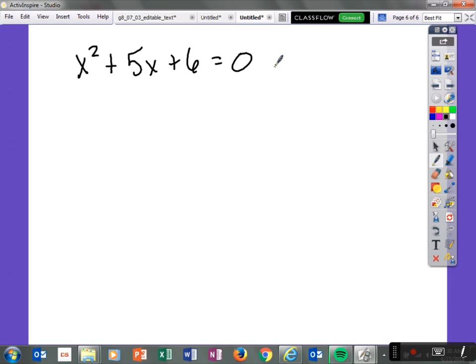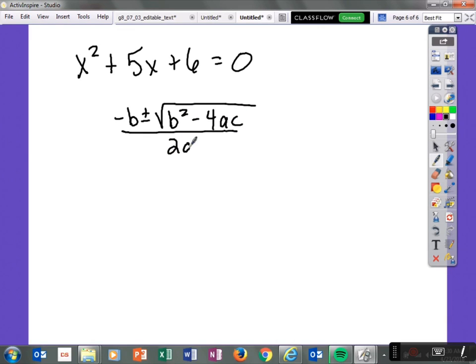What is our quadratic formula? x equals negative b plus or minus square root b squared minus 4ac all over 2a.